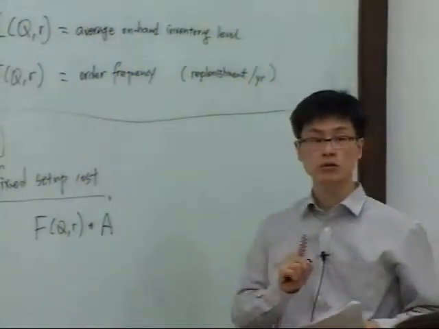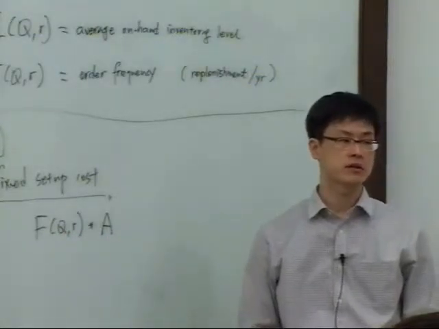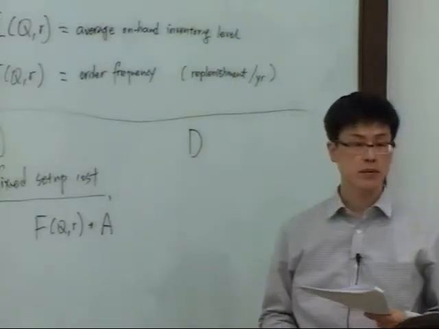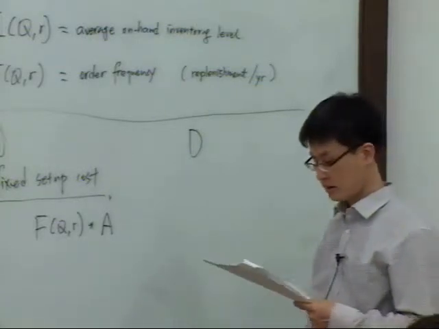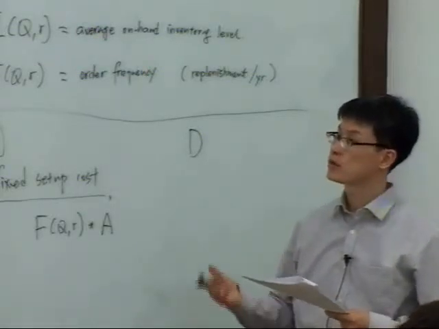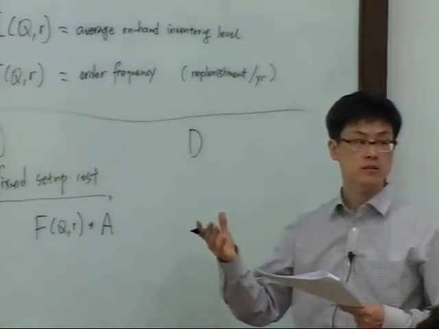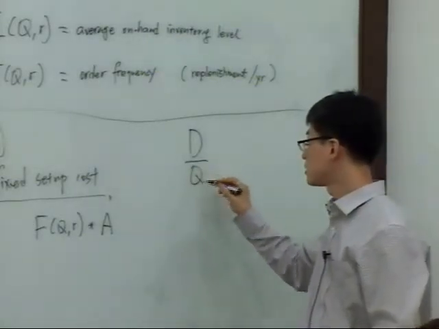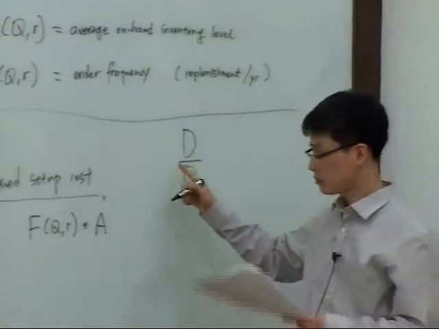Okay, and one more thing to consider. Frequency. How do we define this frequency? Well, we said D is the expected demand per year, and we said Q is the number of replenishment units per order. So as in the EOQ model, if we divide D by Q, it's the number of reorders per year, right?